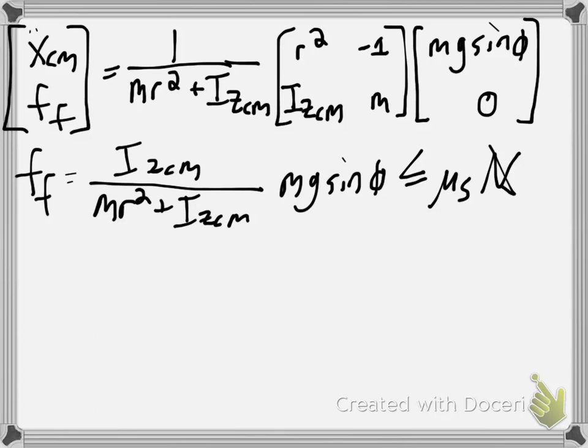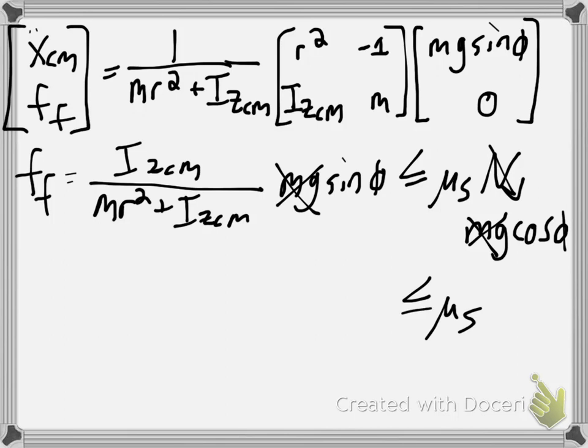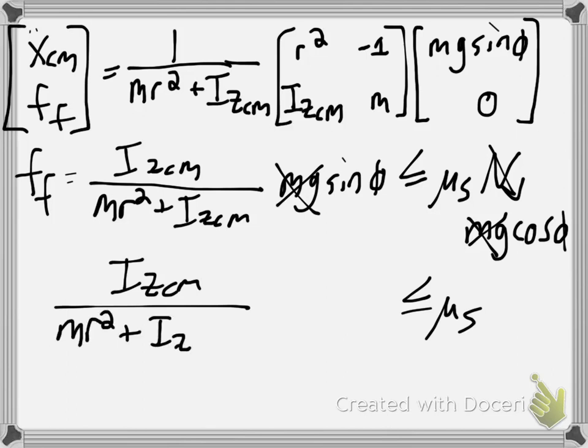So the mg's cancel, and I can bring the cosine to the other side to say that mu sub s must be greater than or equal to IZ, center of mass, divided by mr squared plus IZ, center of mass, times the tangent of phi.